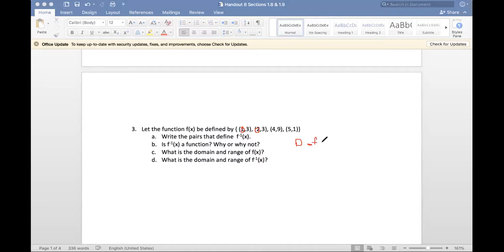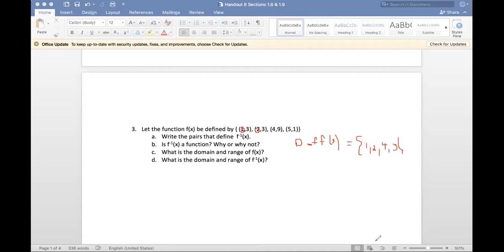It's just going to be all the first coordinates. Here you're specifying what the function is, just these 4 points. So the domain would be all the first points, so 1, 2, 4, and 5. And then the range would be all the second points.